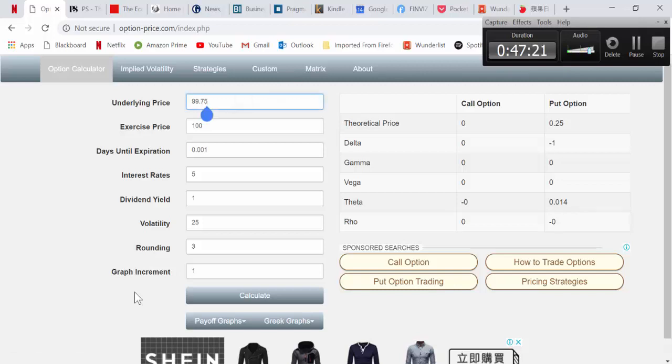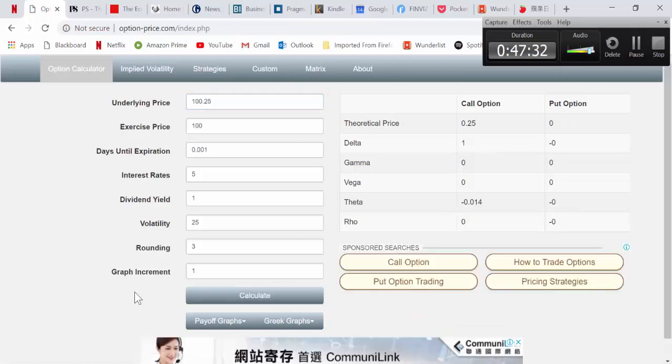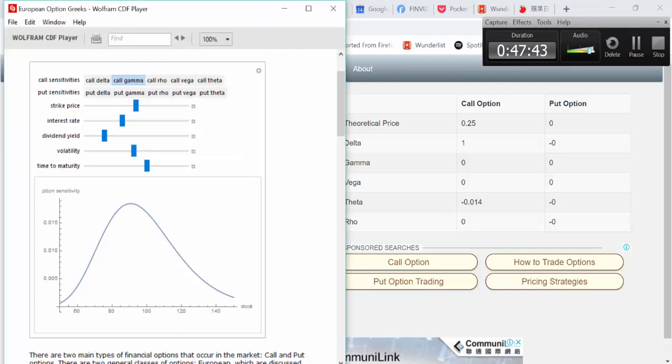Now, what if the price jumps by 50 cents, which is perfectly possible? When you do that, suddenly delta has gone from 0 to 1 in no time at all. And this would explain why, when you are close to maturity, it is called a step function.